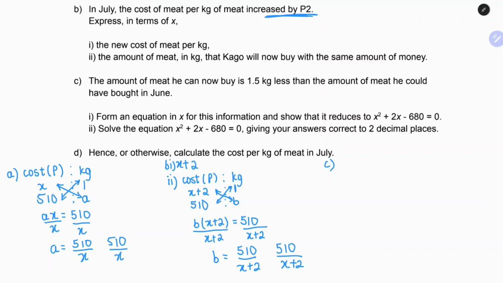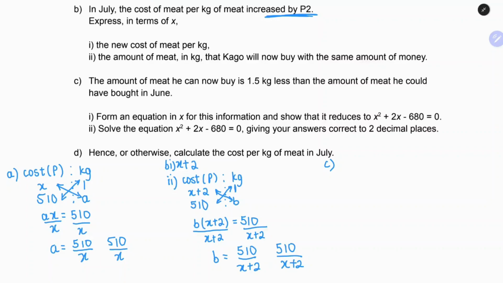So the next question says the amount of meat he can now buy is 1.5 kg less than the amount of meat he could have bought in June. It says form an equation in X for this information and show that it reduces to X squared plus 2X minus 680 is equal to 0. So it's telling us that now you can buy less meat in July. So if you can buy less meat in July, that means that in June you can buy more meat.